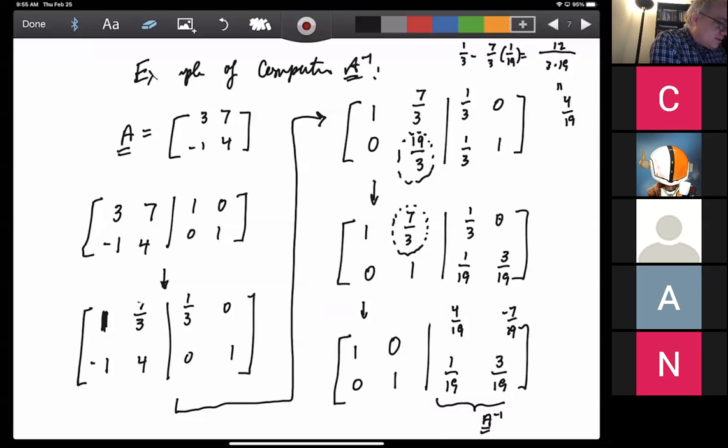So I replaced row 1 by row 1 minus 7/3 times row 2. So 7/3 times 1 is 7/3. I subtract that from 7/3, I get 0. Think about multiplying that whole second row by 7/3 and subtracting it from the first row.